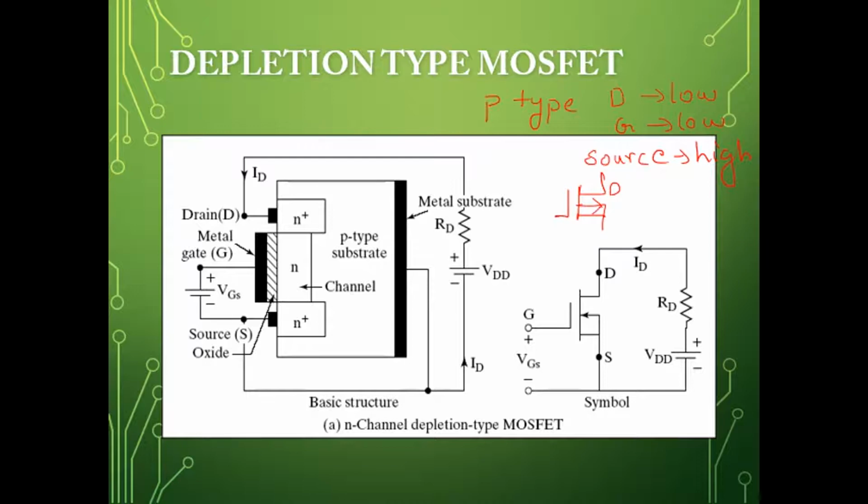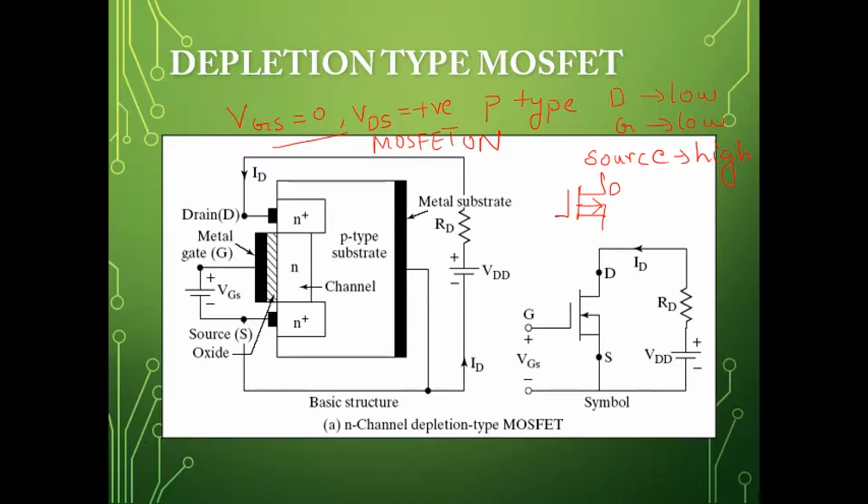Now, how actually it works? Since the channel is already present, even if the gate to source voltage is 0 and we apply the drain to source voltage which is positive, the MOSFET will conduct. Okay, the MOSFET is on even if VGS is 0 because the channel is already formed.